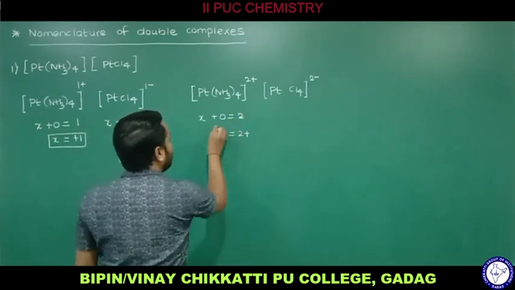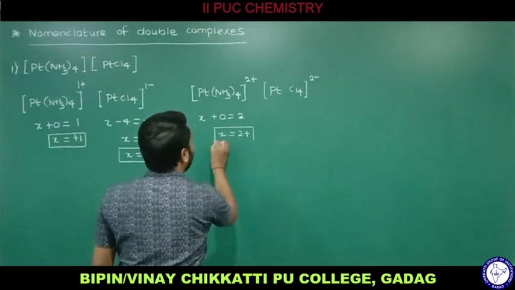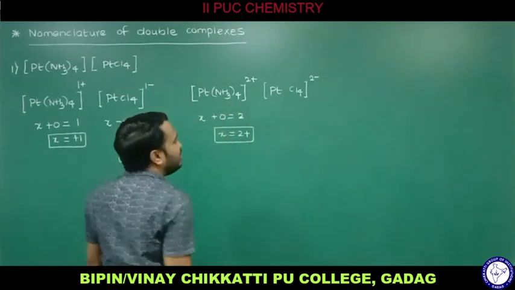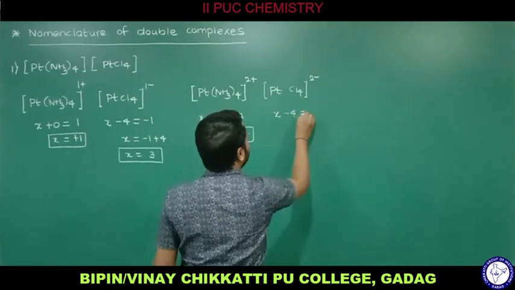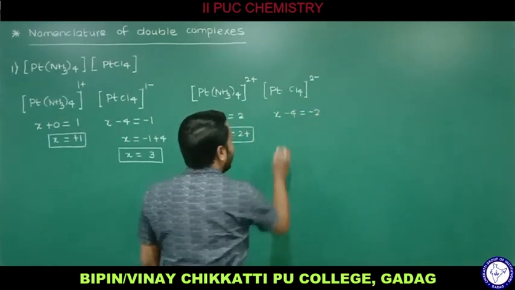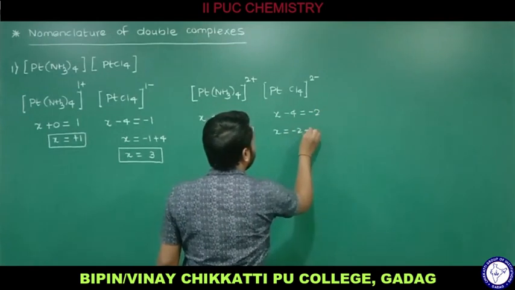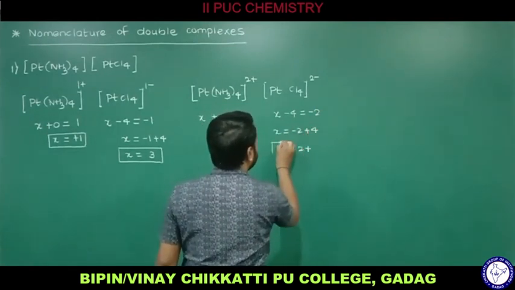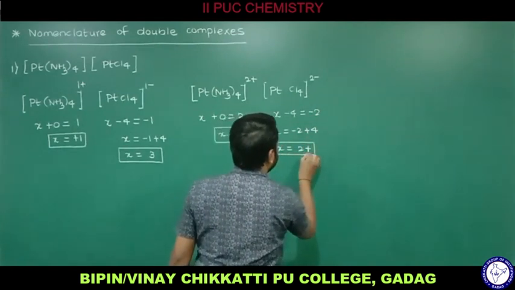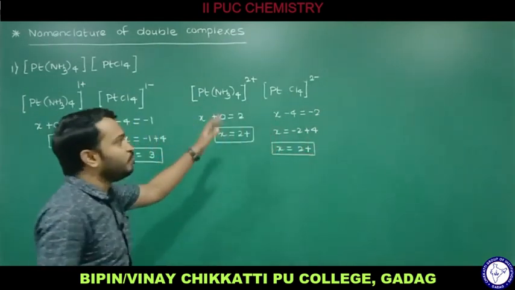That will be the oxidation number of platinum in this particular compound. We'll see if it is 2 minus, what will be the oxidation state. Pt, X minus 4, is equal to minus 2, and X is equal to minus 2 plus 4, and X is equal to 2 plus, or you can write plus 2. So this will be the oxidation number if we consider 2 plus and 2 minus.